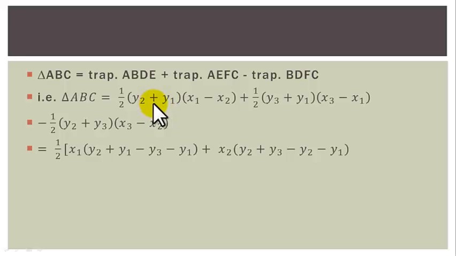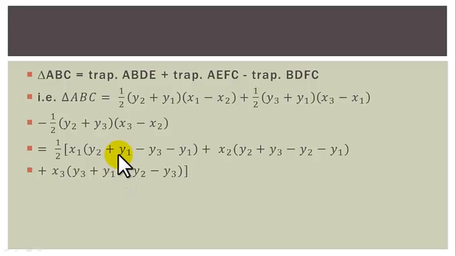Multiplying the terms in brackets out and collecting terms in x1, x2 and x3 together, we have half into x1(y2 plus y1 minus y3 minus y1) plus x2(y3 plus y2 minus y2 minus y1) plus x3(y3 plus y1 minus y2 minus y3).